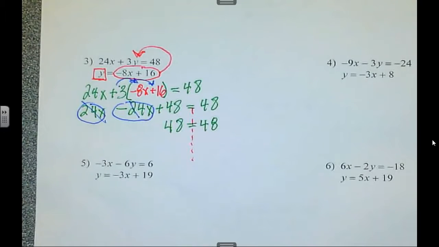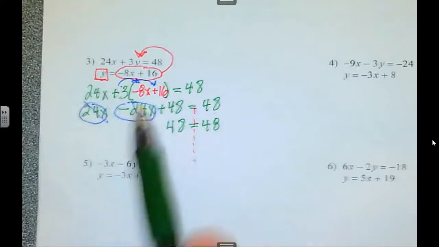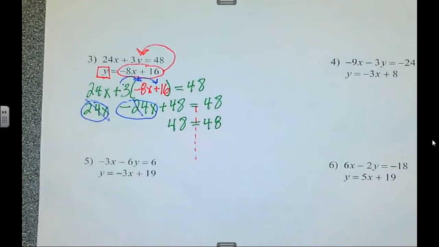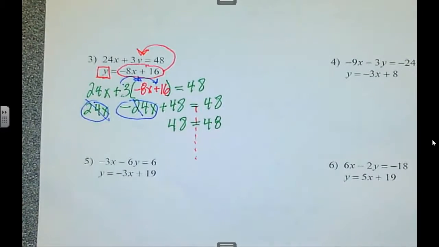Will 48 always equal 48? No matter what I choose for x here, they're going to cancel out, right? 0 will work. Any number that I pick for x, it will work, right?